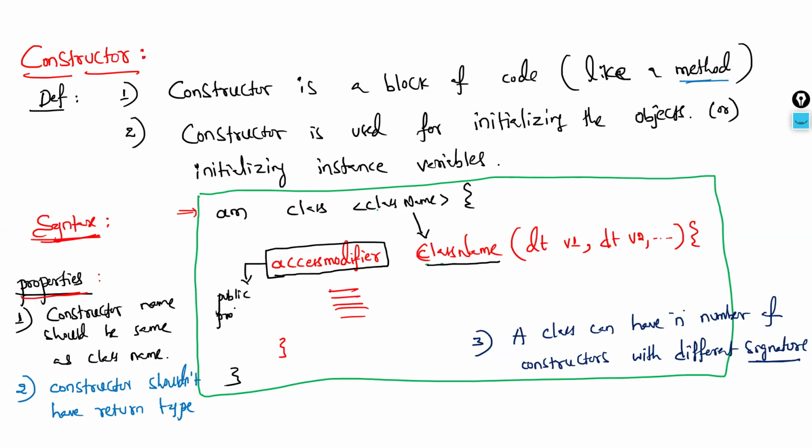I'm writing in descending order of the access level: public, then protected, then default, then followed by private. Default is not a keyword outside a switch block, and outside an interface also it's not a keyword. We should just not write anything, and that becomes default. So in place of this access modifier, we can use any of these.